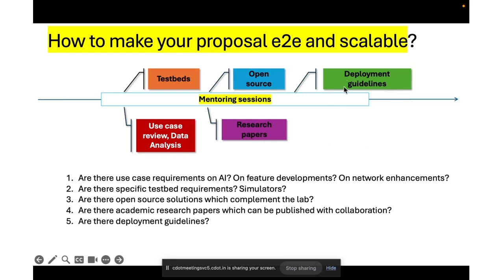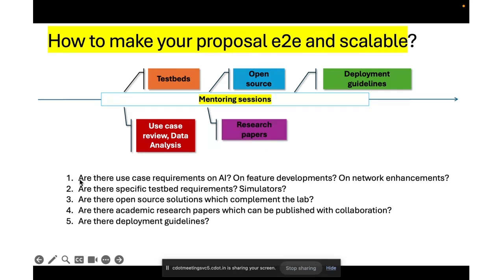And deployment guidelines completes the entire picture because now we will have not only the research, use case, data, test beds, tools, models, and open source, but also deployment aspects covered in the use case to the best of your knowledge. So this completes the picture. Through these mentoring sessions, we will try to build this kind of a picture for your use case.